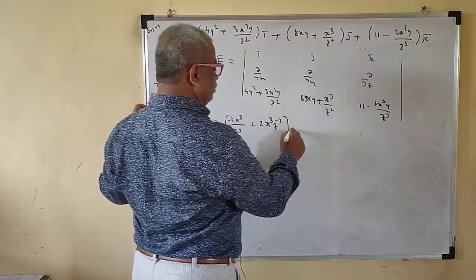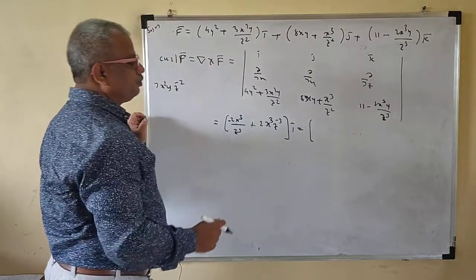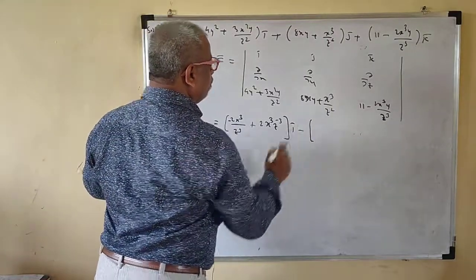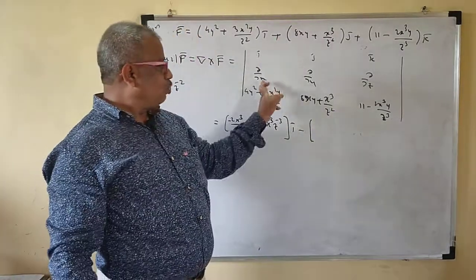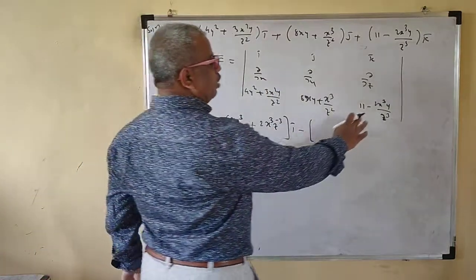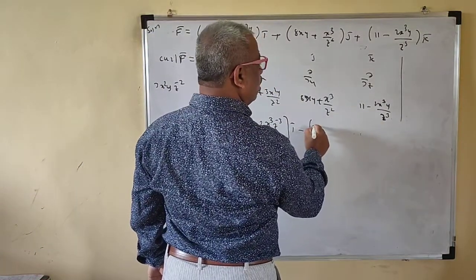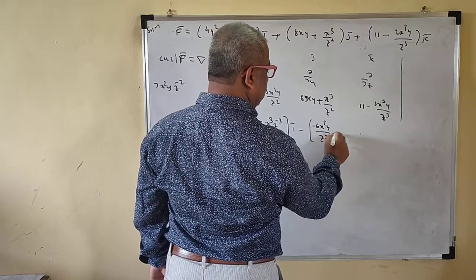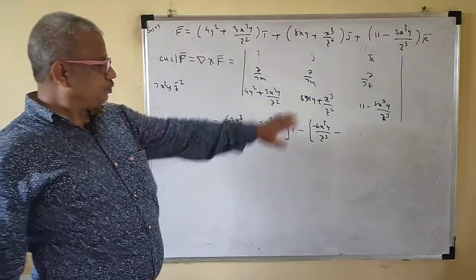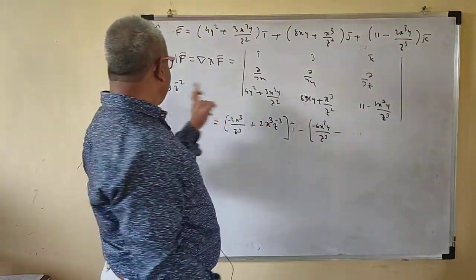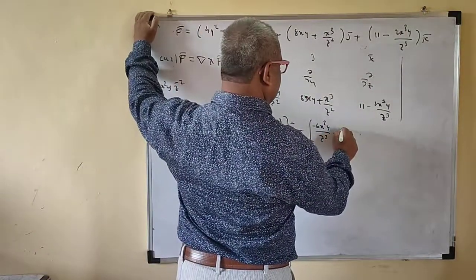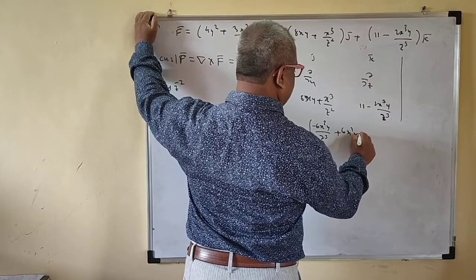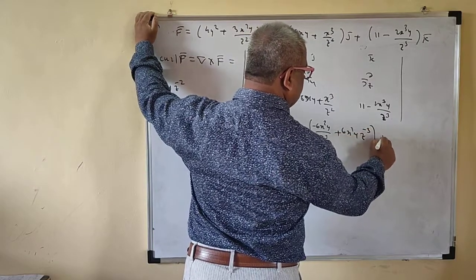Okay, i bar minus. You have to find ∂/∂x of that one, which is minus 6x²y/z³, minus ∂/∂z of this one, which we have just calculated: plus 6x²y z^(−3) j bar.